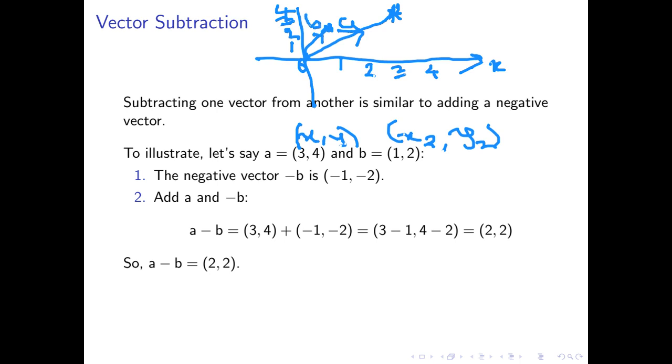Now, what is then the resultant of these two vectors? The resultant will be the sum of the two vectors. But then we want to go from A to B, right? Remember, this is a point and this is another point. Let me draw it out clearly so that we see what I'm referring to.